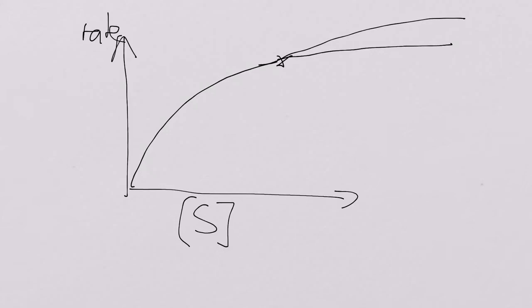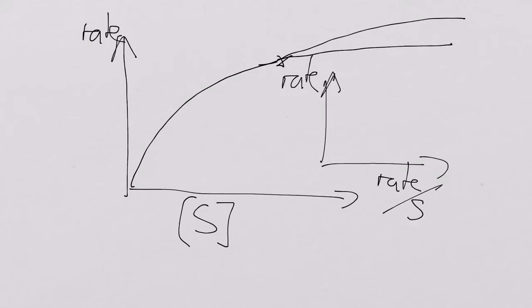Have you done that? No? Actually, I shouldn't do enzymes, should I? It's confusing. So with the Eadie-Hofstee plot, what you do is plot rate versus rate over the substrate concentration. What you get is a straight line.